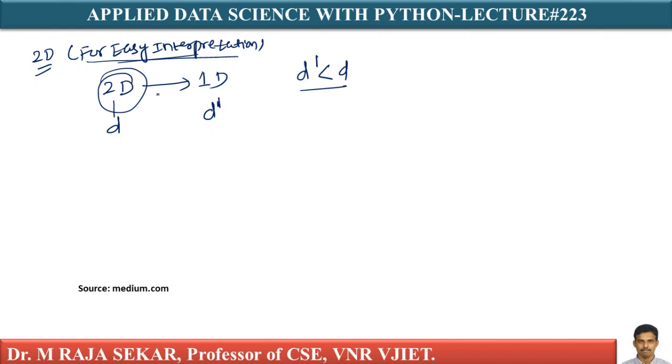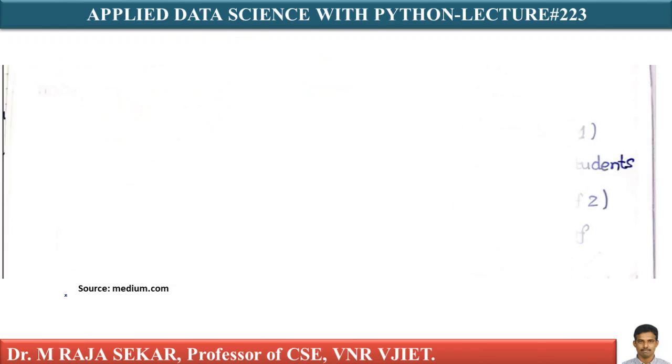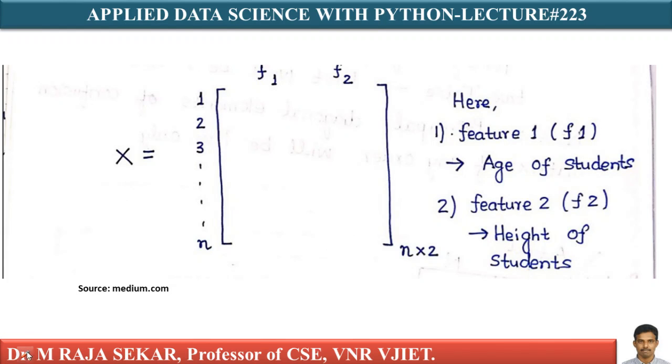Suppose we have a data set of students which comprises 2 features, height and age of the students.